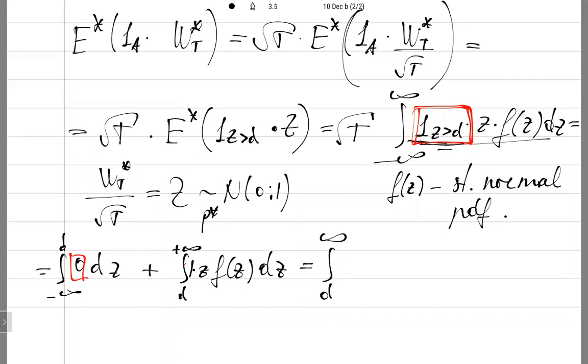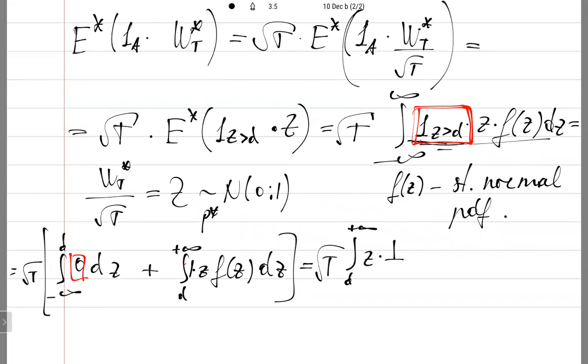Oh, I forgot square root of T. Square root of T times the integral from d to plus infinity of Z times 1 over square root of 2 pi times exponent minus 1 over 2 Z squared dZ.